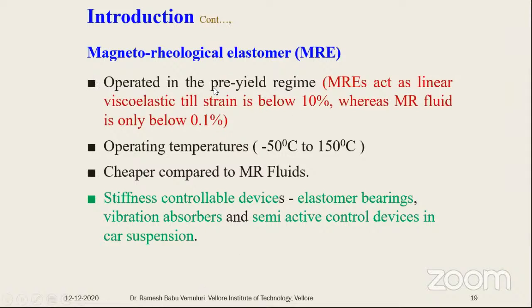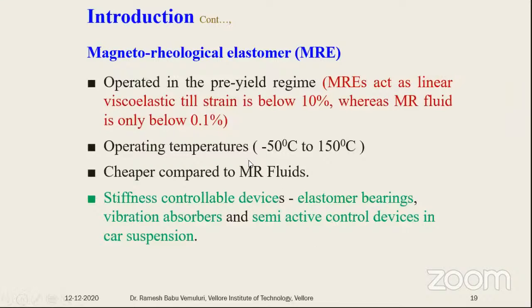So that's why the magnetorheological elastomer, even though it is combined with a rubber, won't get its performance affected due to the shearing of the rubber particles. Mostly it is under the pre-yield region.